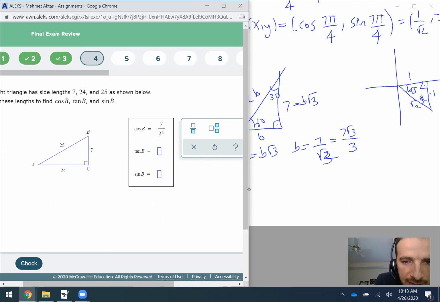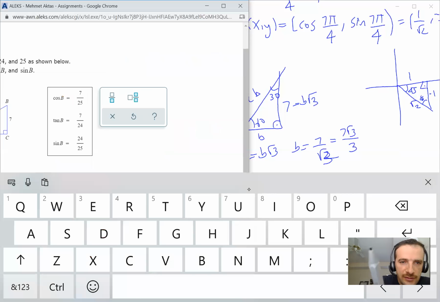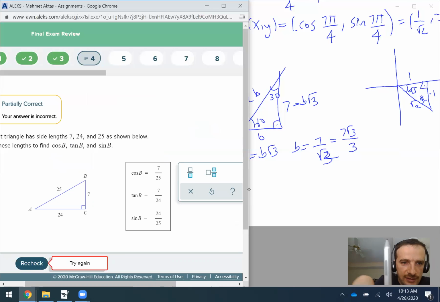That's why tangent B is 7 over 24, and sine B is lastly, sine is opposite over hypotenuse, 24 over 25. Let's check our answer. Oh, okay. We had a mistake. Let's look at that.